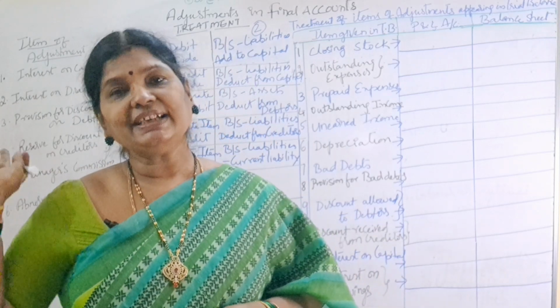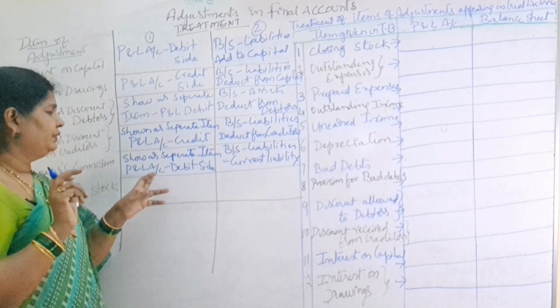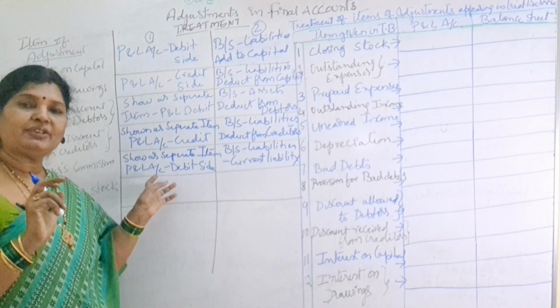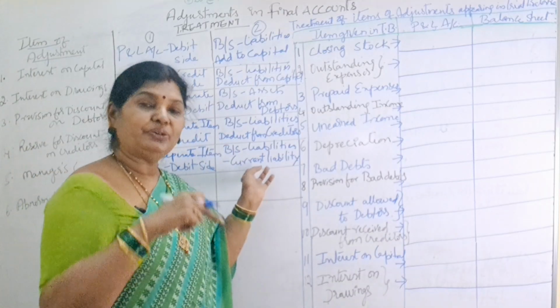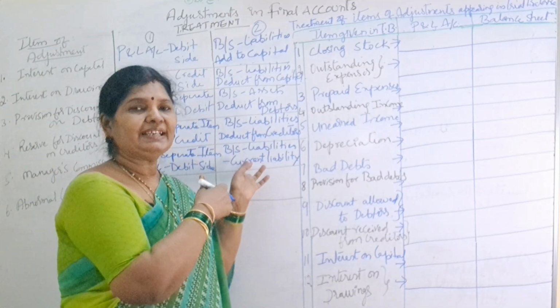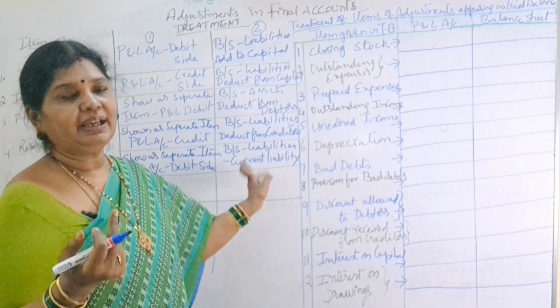So we show it as current liability. Clear? So what's the first effect? Show it on the debit side of the profit and loss account as a separate item, managers commission, and go to the balance sheet, liability side, and show it as a current liability. We show managers commission and write the amount.